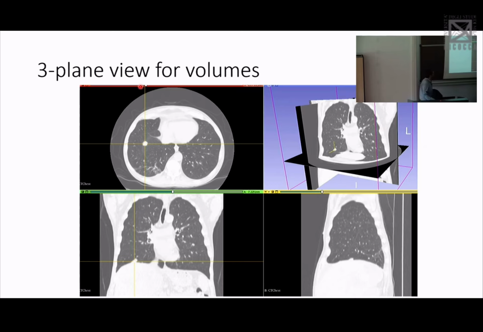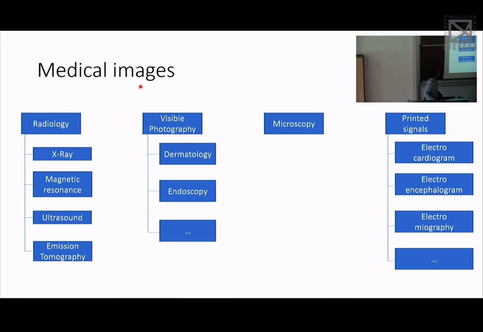Now, let's introduce medical images. Medical images can be of really a huge number of types. We can classify them according to the method used to generate the image. We have what's called radiology, which is what the physician with the radiology specialization does.